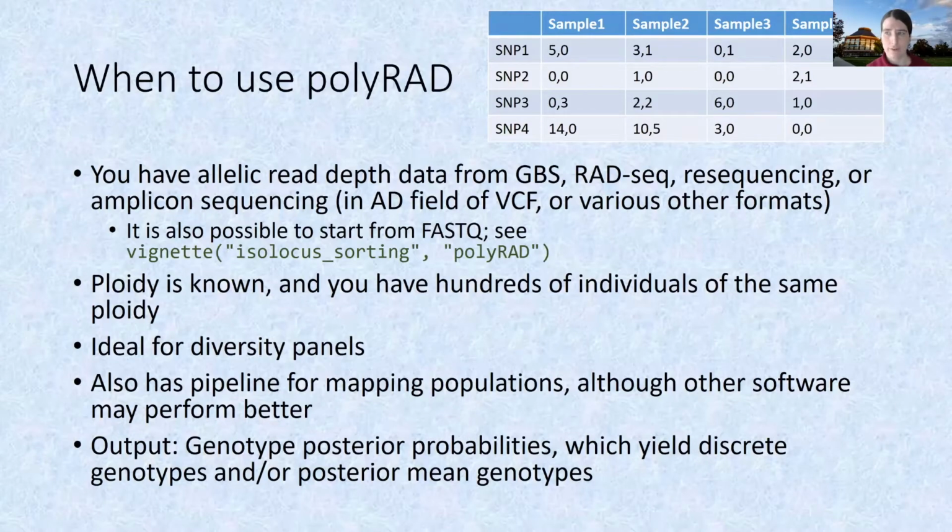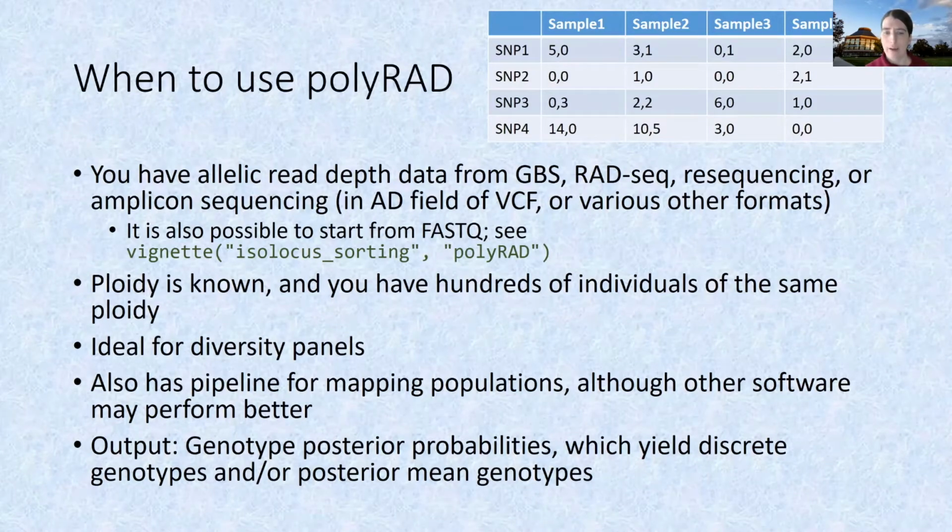In your data set, you have to know what the ploidy is. And you need to have hundreds of individuals of the same ploidy, because the genotyping is going to be done across the whole data set at once. So the software is really optimized to work well for diversity panels and natural populations. There's a pipeline in there for biparental mapping populations, which allows any number of generations of selfing or backcrossing or intermating.